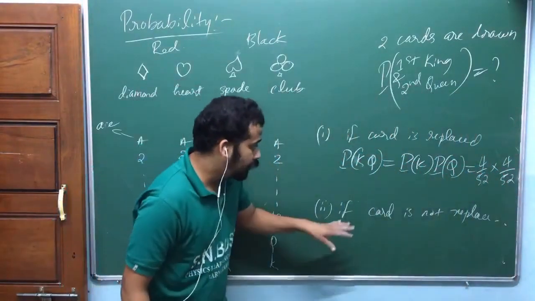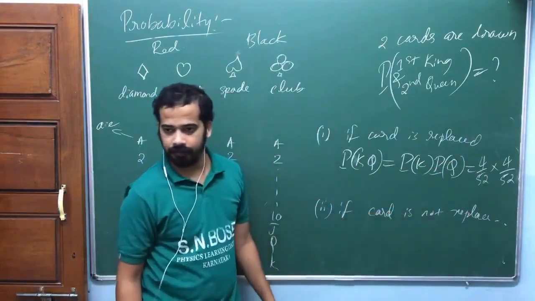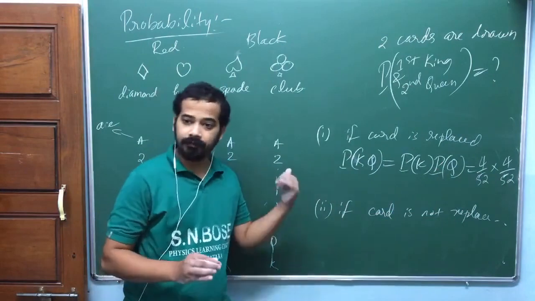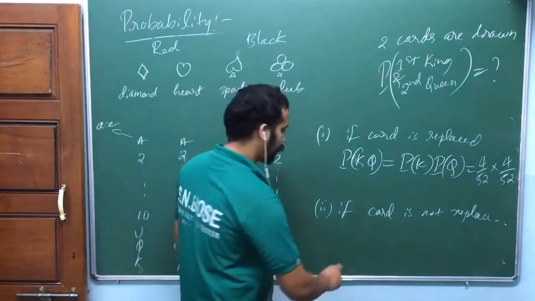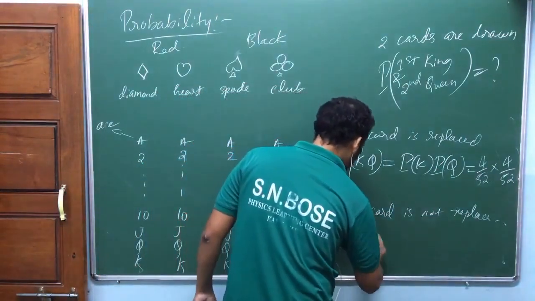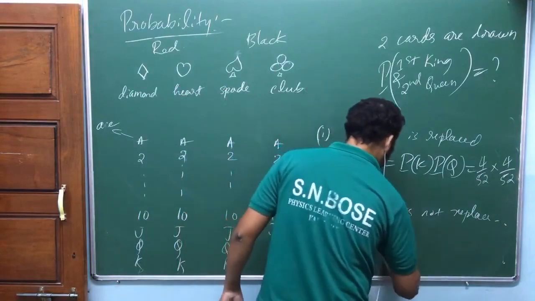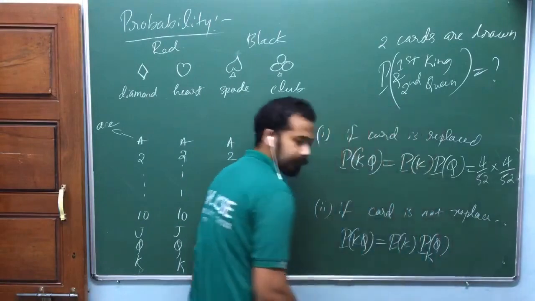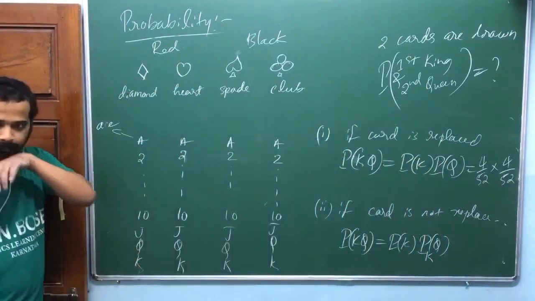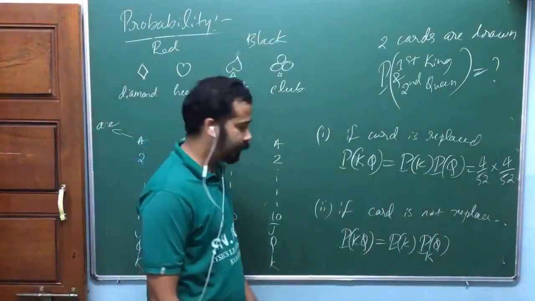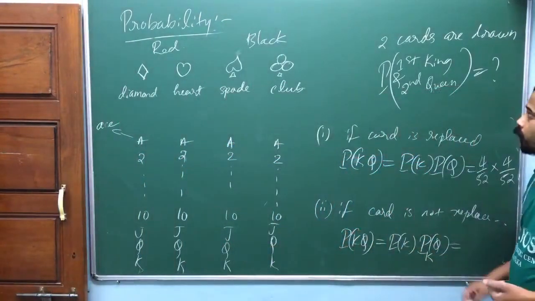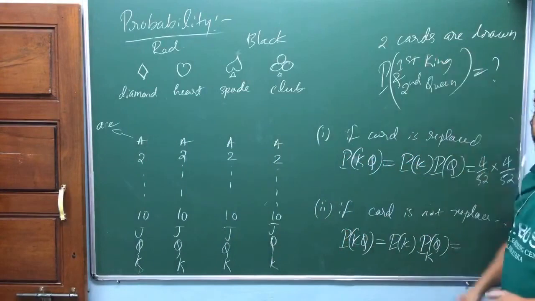But here, your card is not replaced. So the second card event depends on the first event. That's why P(K and Q) is equal to P of K times P of Q given that K has happened. Application of the first theorem. That means you have drawn the first card. What is the probability that the first card is king?